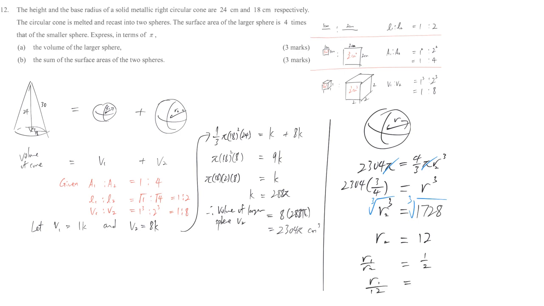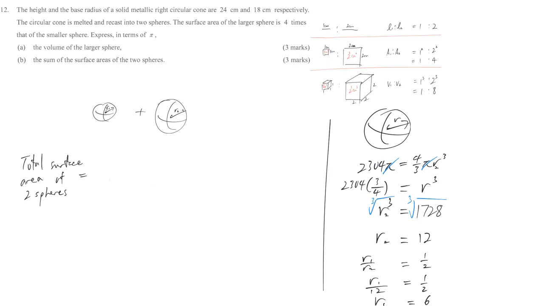R2 is 12, so therefore R1 should be half of 12, 6. So the total surface area, the first one is 4 pi r square, while r for the first one is 6, and then plus another 4 pi r square, while another r is 12, which is 720 pi cm square. The question stated in terms of pi is okay, so this is our final answer.